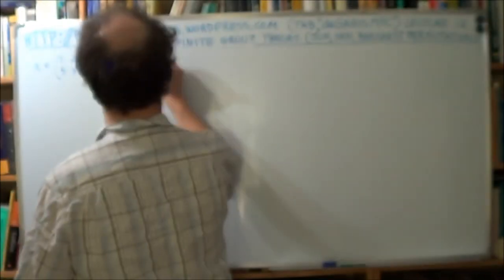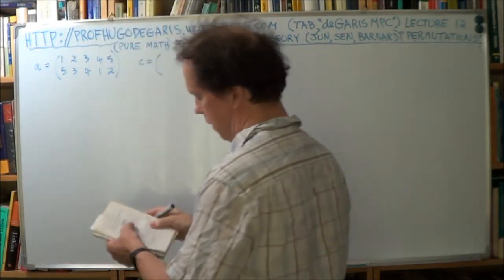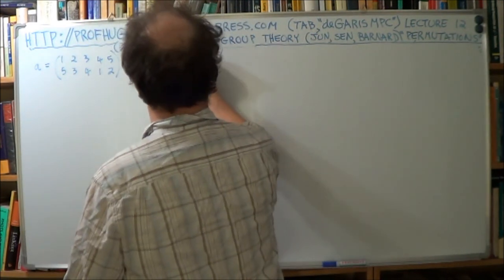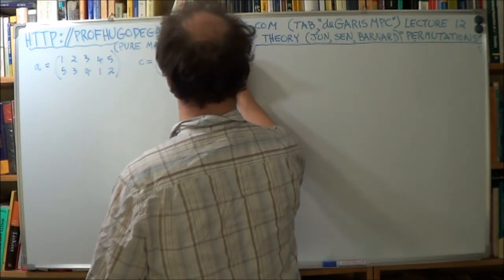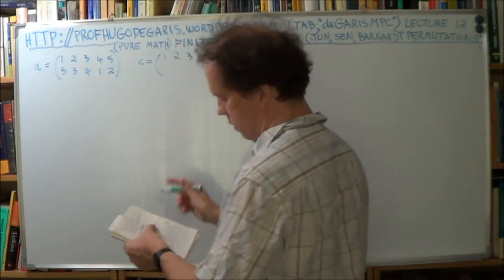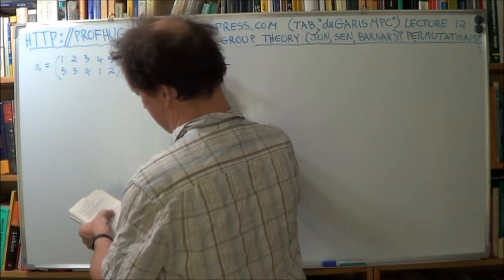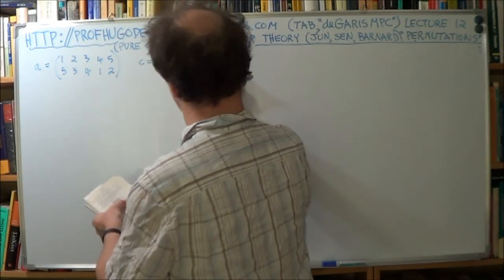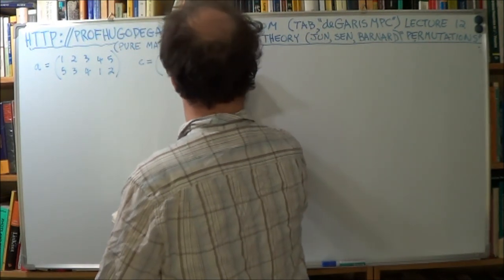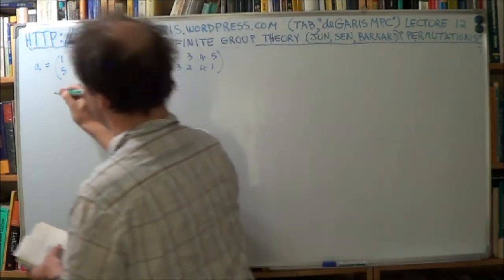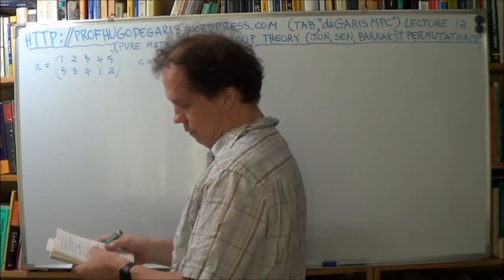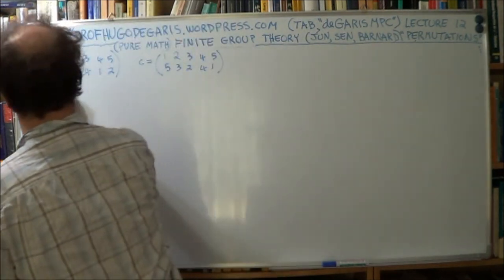And a second one, C, is of this form: 1 goes to 5, 3, 2, 4, 1, and you're asked to find what is A C inverse.